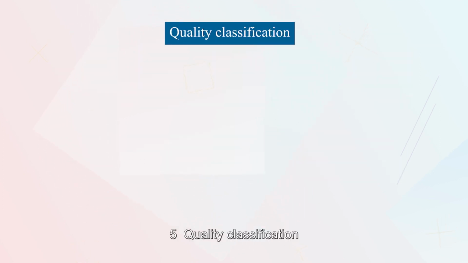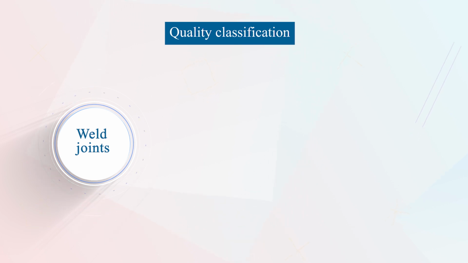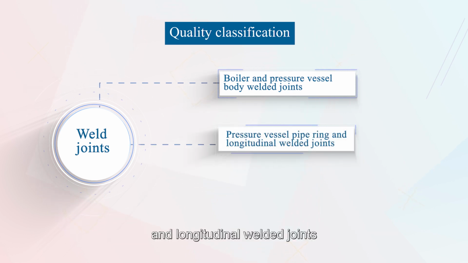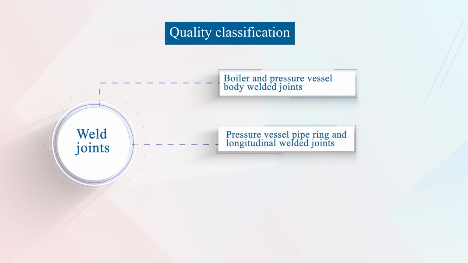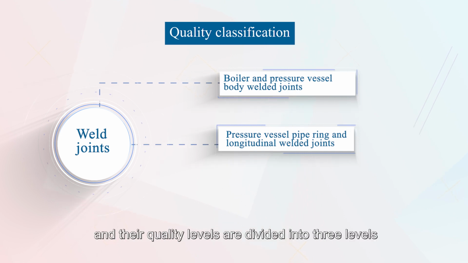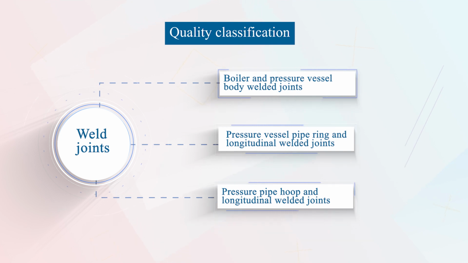5. Quality classification. The NB/T 47013 standard specifies 3 types of welded joints, that is, boiler and pressure vessel circumferential and longitudinal welded joints, pressure pipe circumferential and longitudinal welded joints, and pressure pipeline circumferential and longitudinal welded joints, and their quality levels are divided into 3 levels.